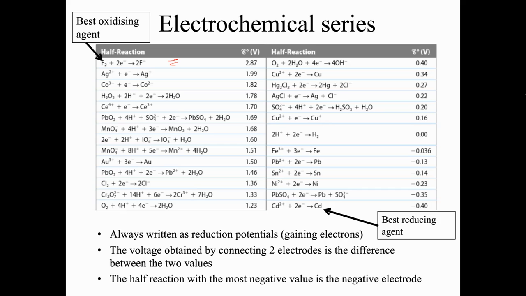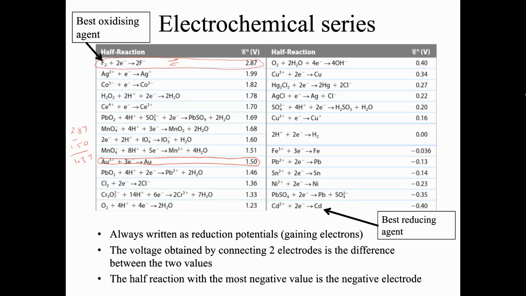So, for example, if I was to connect this gold one with this fluorine one at the top, then the difference between that is 2.87 minus 1.50. So that's going to be 1.37. So the potential difference between the two would be 1.37 volts.